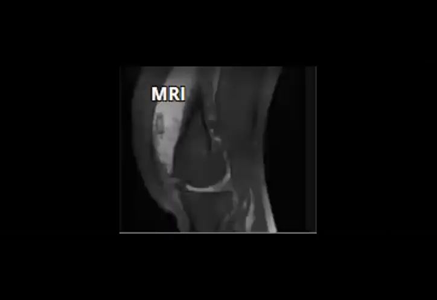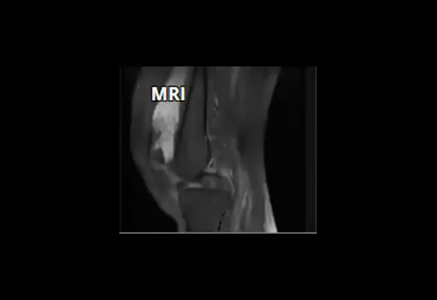So this patient is 60 years old. Very small image. Is it okay with you, the image quality?